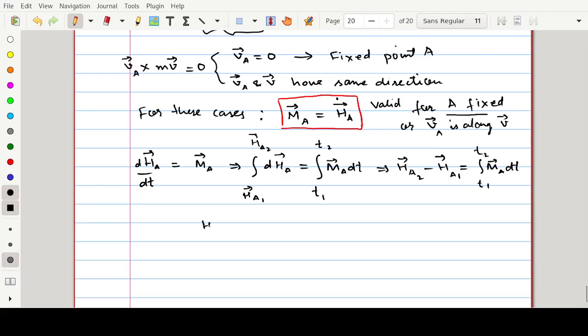So I'll write HA2 is equal to HA1 plus the integral; I am not giving you any special sign, or you can use J for this, so HA2 is equal to HA1 plus J.